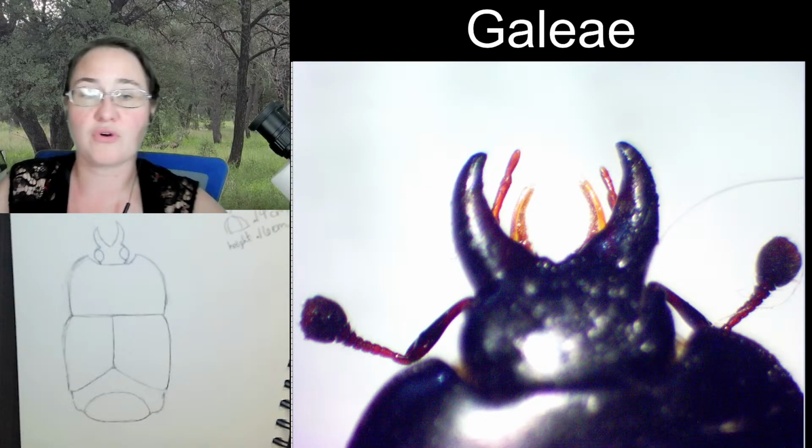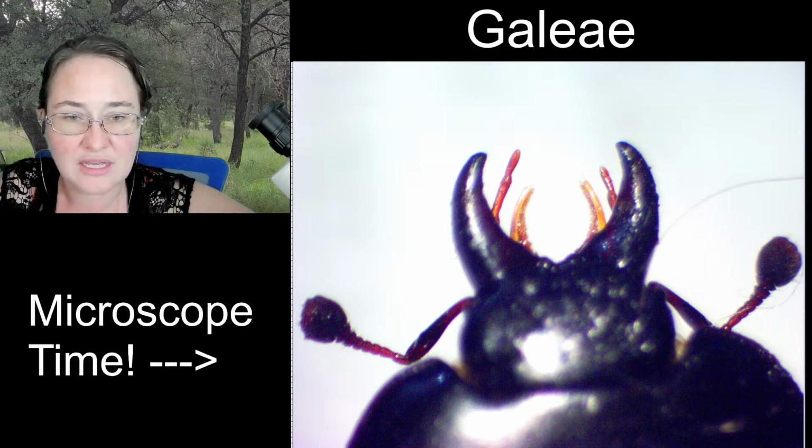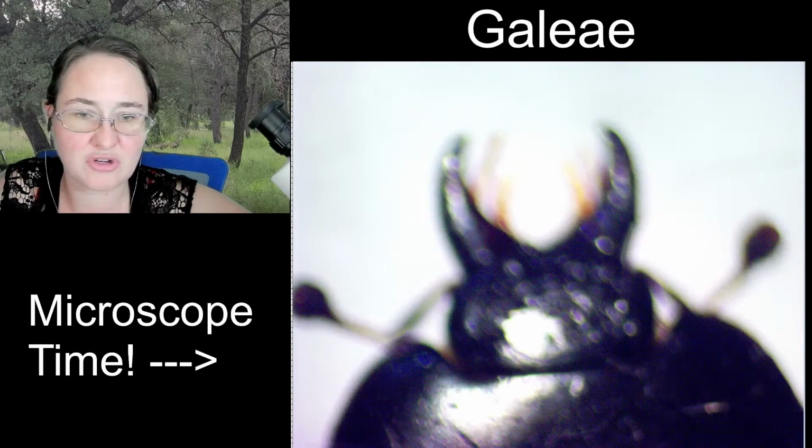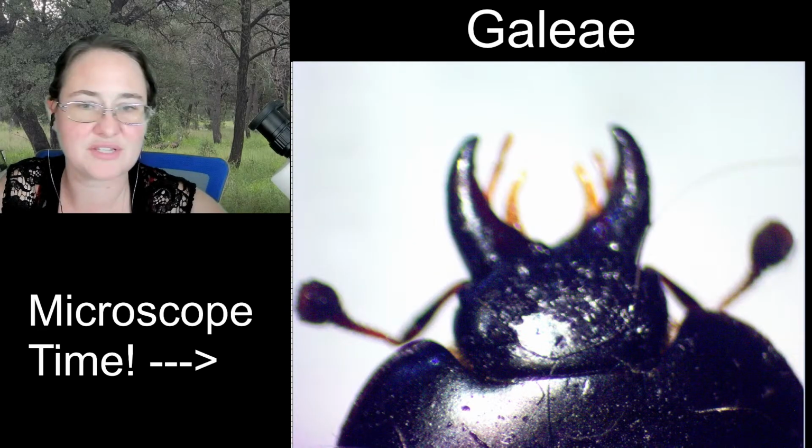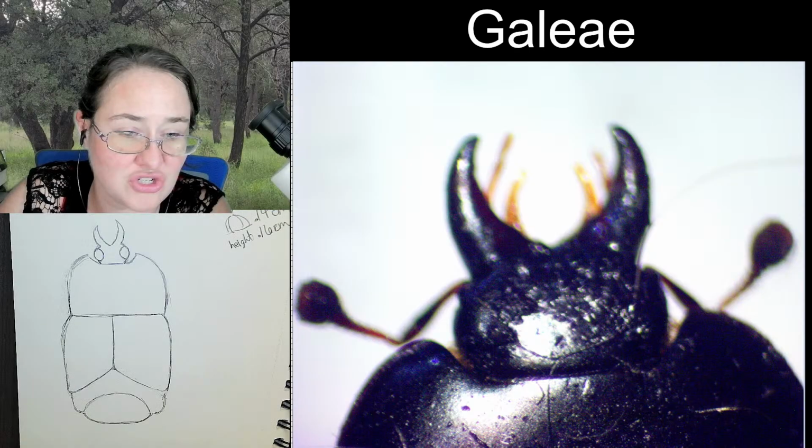Let me focus up just a little bit, and we can look at the microscope. We're going to look up here at the top because I want to see what the pronotum looks like where it crosses the head. And honestly, it looks pretty straight to me.